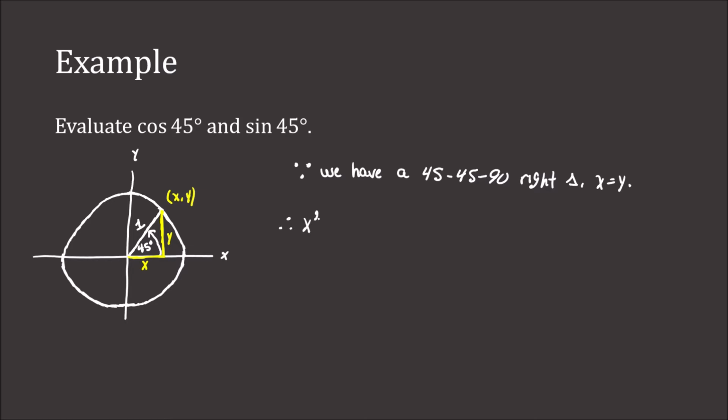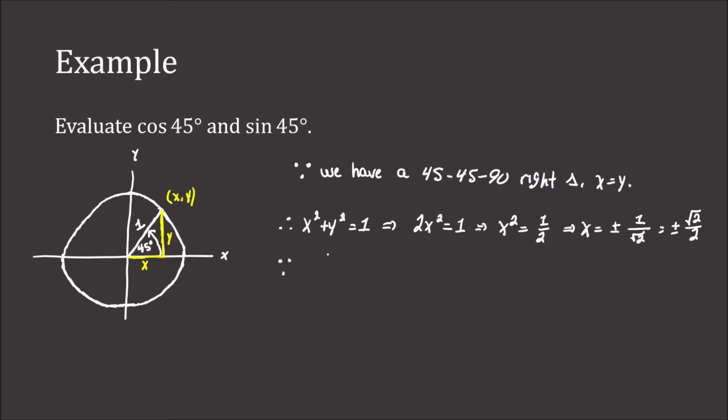Therefore, x squared plus y squared is equal to 1 means that 2x squared is equal to 1. So this means that x squared itself would have to be equal to a half. So x is plus or minus 1 over the square root of 2, or plus or minus root 2 over 2.